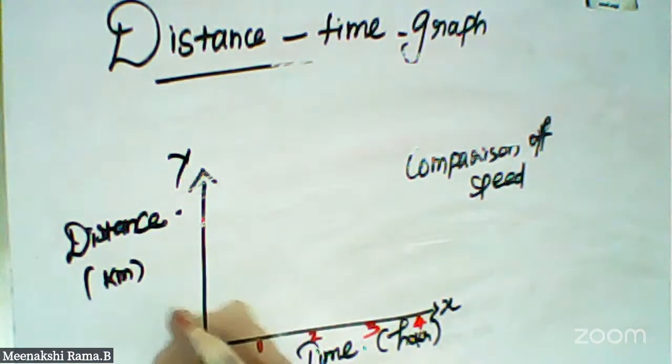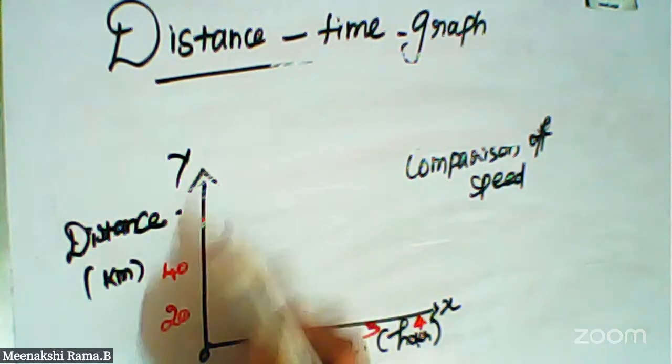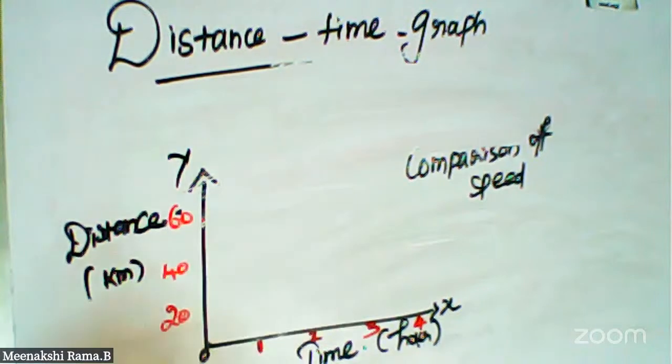On the distance axis we maintain kilometers: 20, 40, 60, like that.